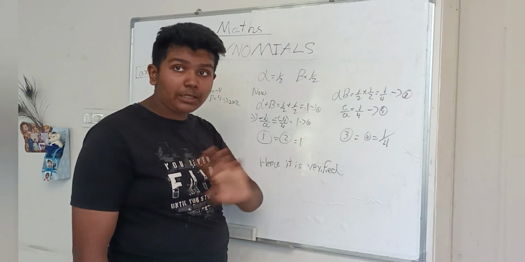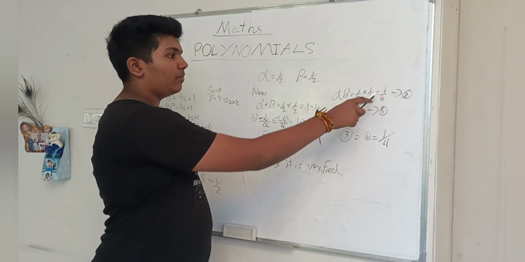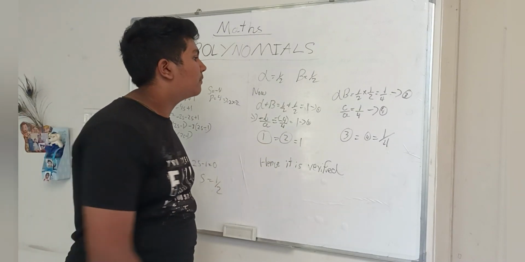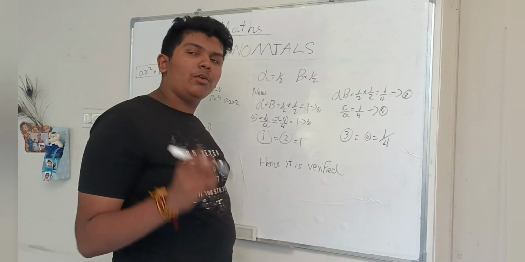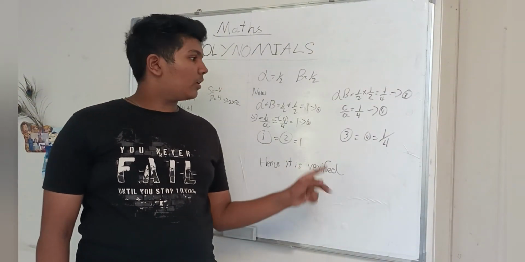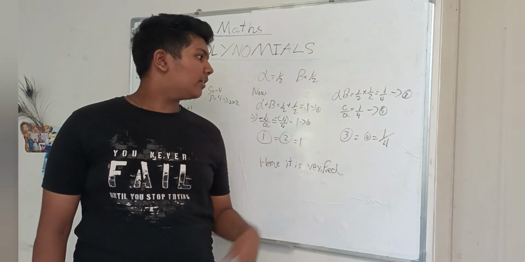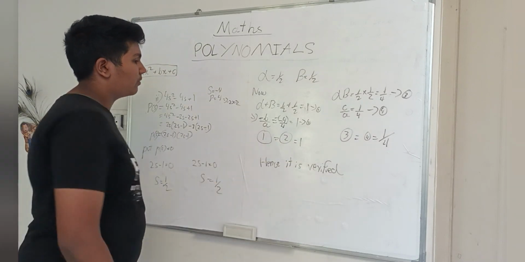These 2 and 2 will be multiplied. 1 into 1 is 1. So 1 by 4. That is quarter. Now next, c by a. What is c? 1, right? So we are putting here 1. A is 4, right? 1 by 4. So equation number 4.